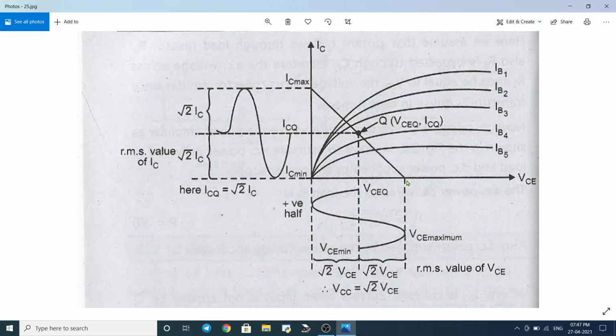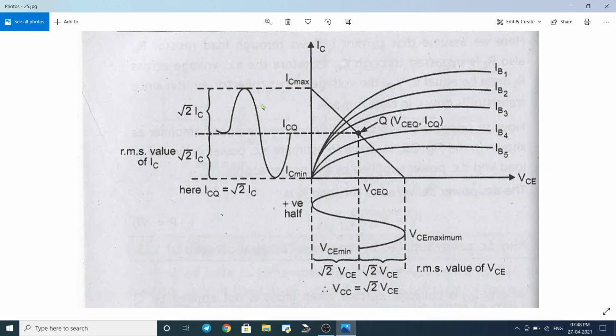This straight line is the DC load line, and this is the operating point which gives the DC collector current and DC collector to emitter voltage, which are the coordinates of this operating point. And these are the output characteristics for different base currents.